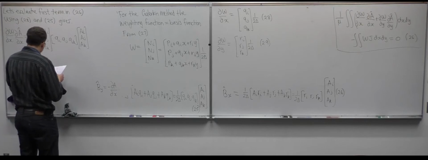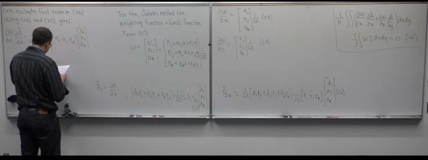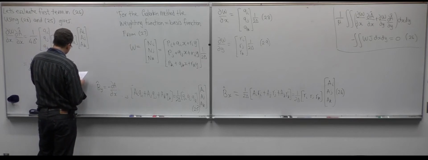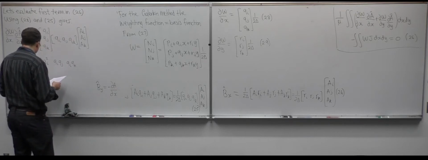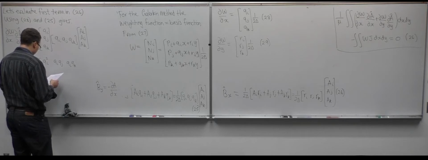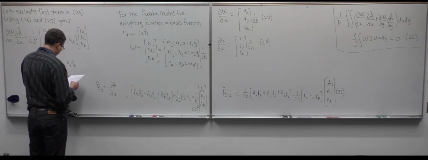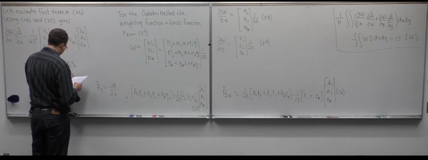So we get Qi squared, Qi Qj, Qi Qk. And then the second term is Qj Qi, Qj squared, Qj Qk.